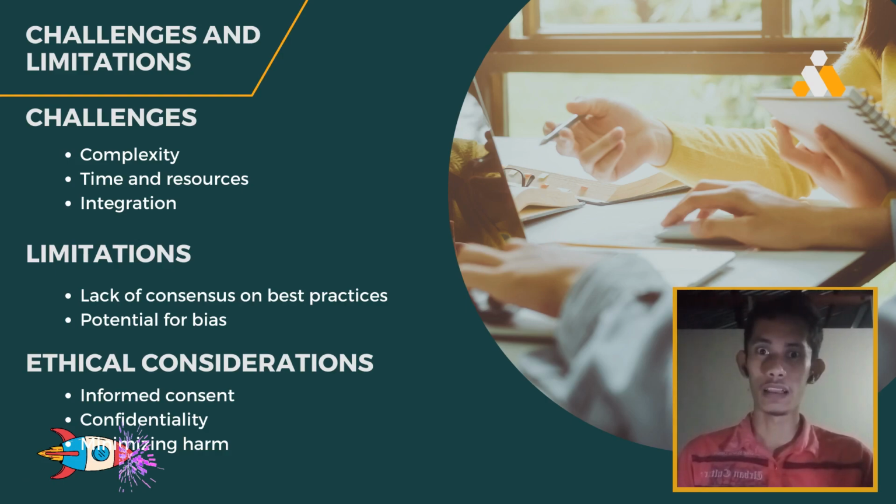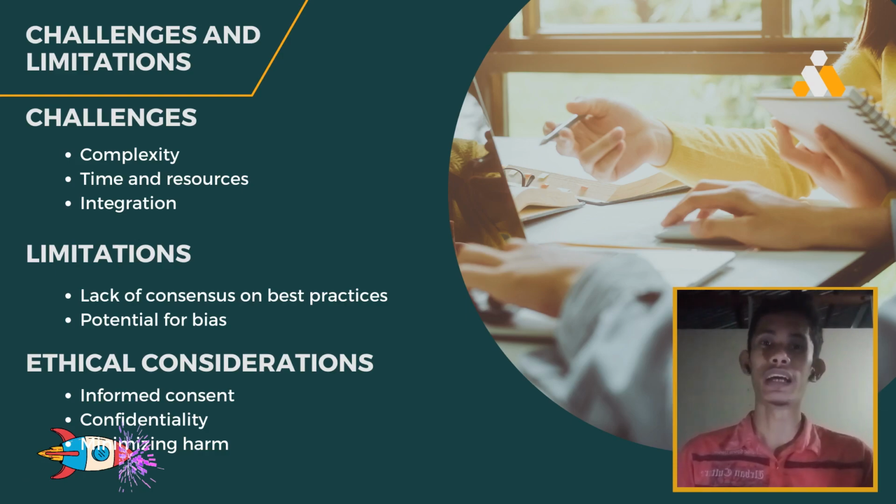Ethical considerations. Researchers need to be aware of the ethical considerations associated with both quantitative and qualitative research when conducting mixed methods research. This includes obtaining informed consent from participants, protecting participants' confidentiality, and minimizing the risk of harm to participants.